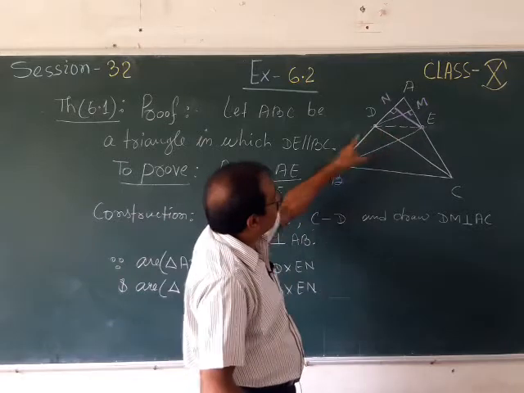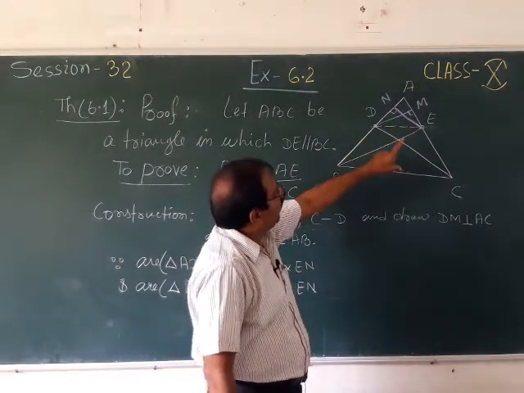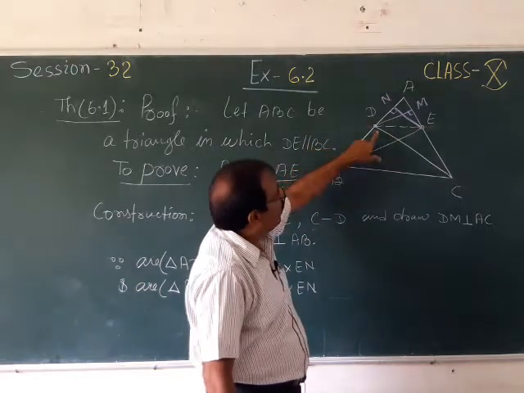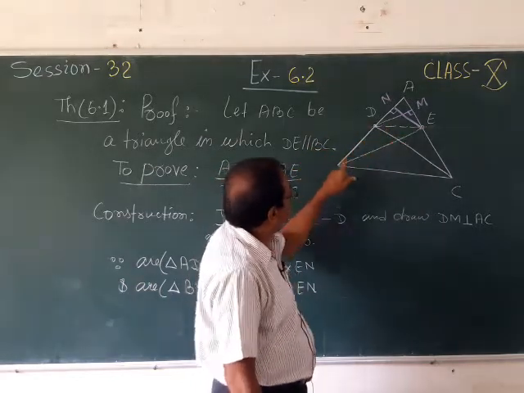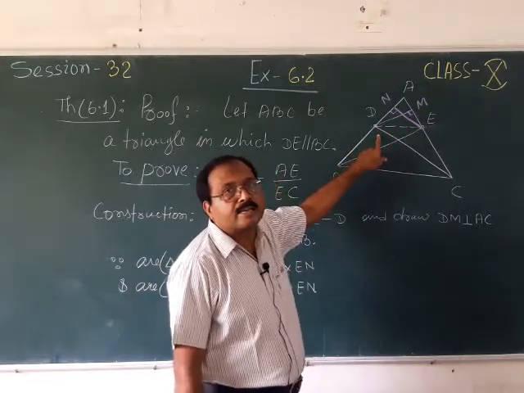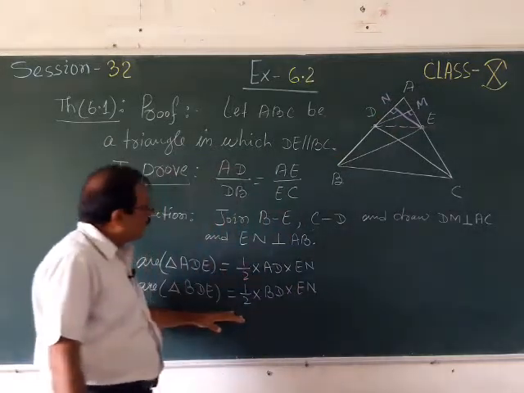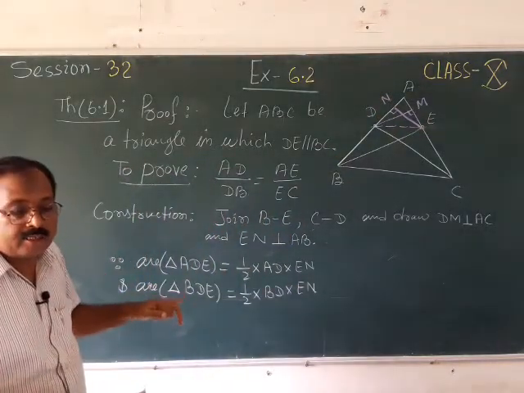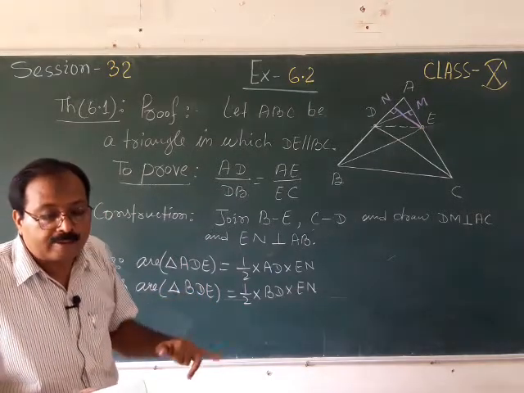Okay, because this is a scalene triangle and its height is going outside of this triangle. As triangle EDB is a scalene triangle, the measure of angle EDB is more than 90 degrees, so its altitude is going outside. So we can write area of triangle BDE equal to half into BD into EN.